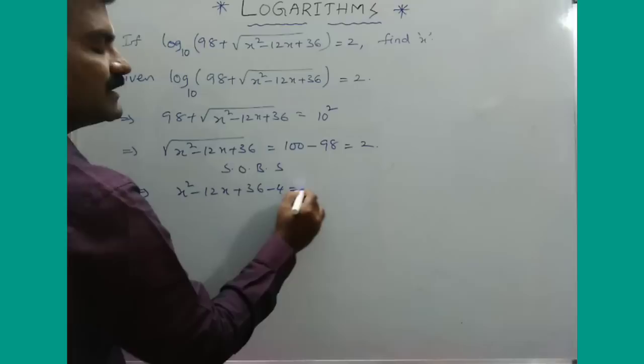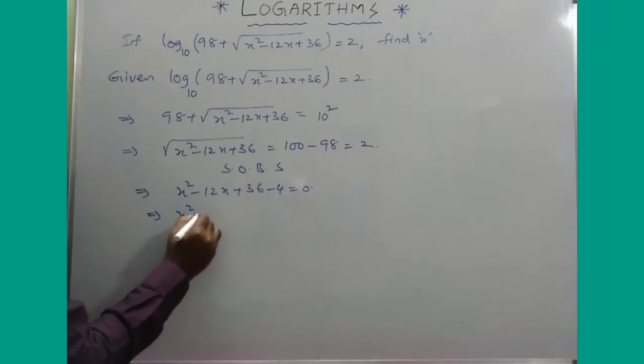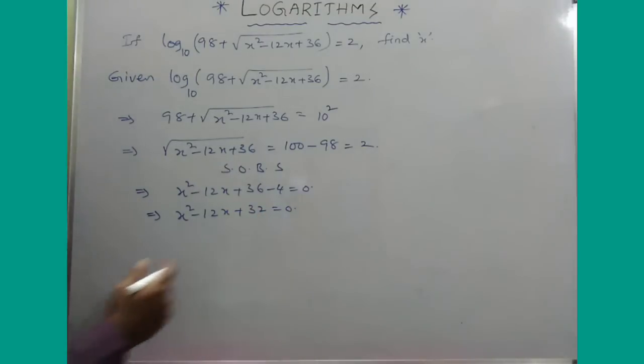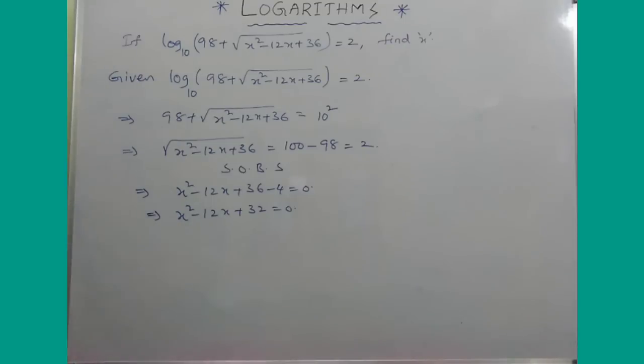4, if you bring this side, minus 4 is equal to 0. So x square minus 12x plus 32 is equal to 0. So clearly, can you guess the factors now? 32, 8 and 4. Multiplication of 8 into 4 is 32, and if you add them, 8 and 4 is 12.